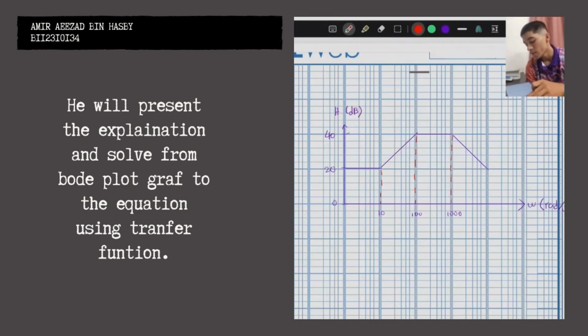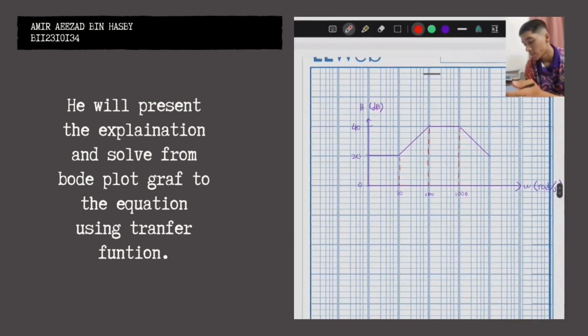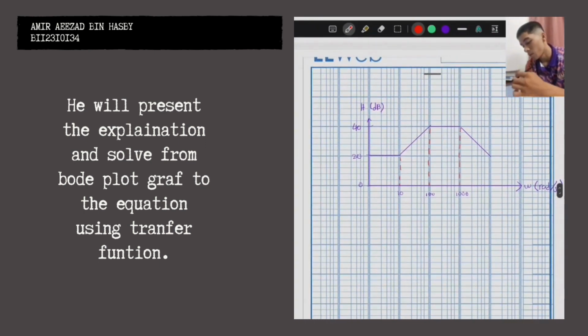So here we have a graph of decibel against omega in radian per second. Here we can split the graph into 4 parts: first, second, third, and fourth.